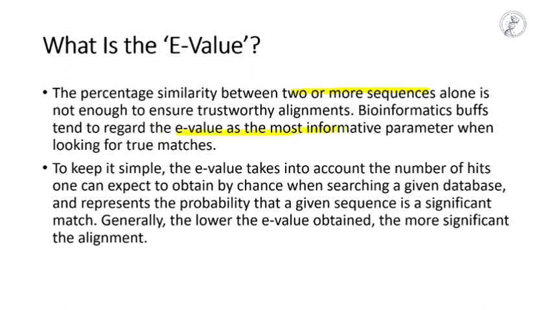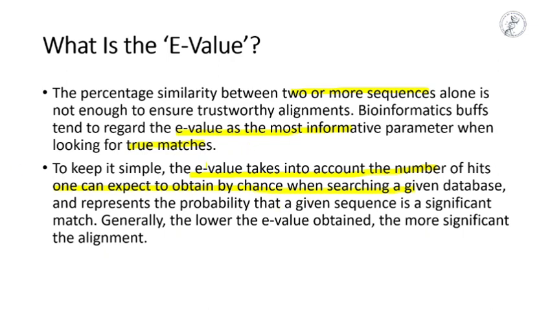E value is a statistical value calculated by BLAST which gives the information about the true matches. To keep it simple, E value takes into account the number of hits one can expect to obtain by chance when searching a given database. It represents the probability of a given sequence being a significant match.